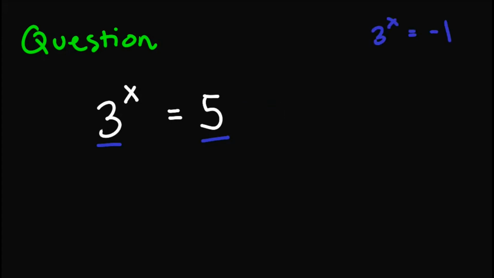So how do we solve this one? For now, we still can't solve this one, but we will be needing a certain concept called logarithms. So I hope I spelled that one right. So we will be needing logarithms. So essentially, logarithms are like the inverse of exponentials, and we'll be talking more about that in the next video.